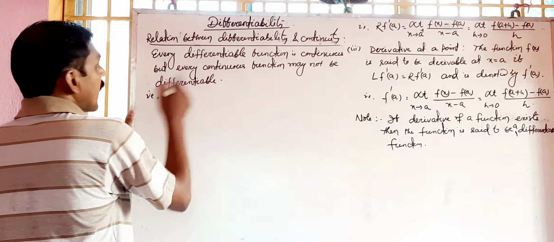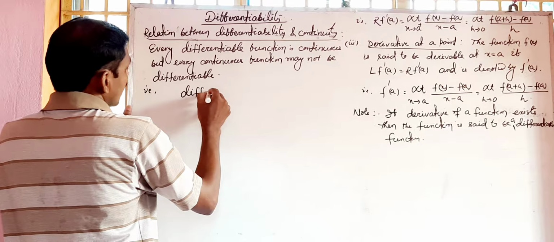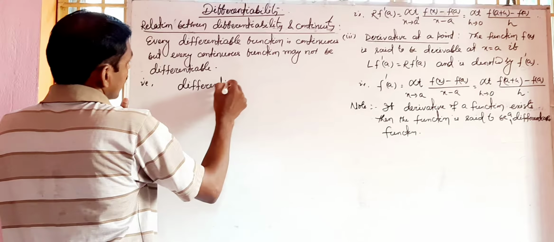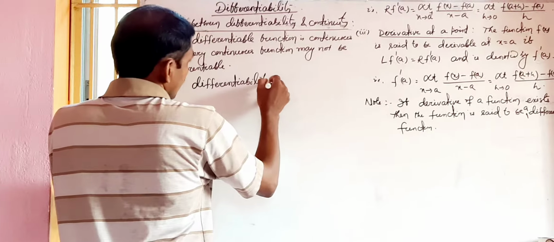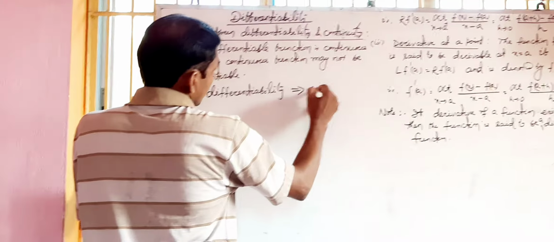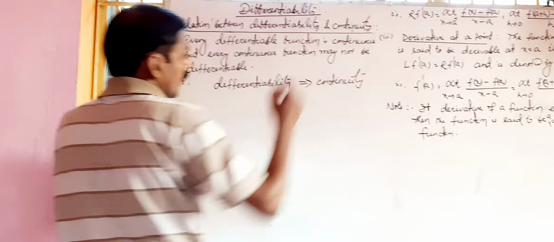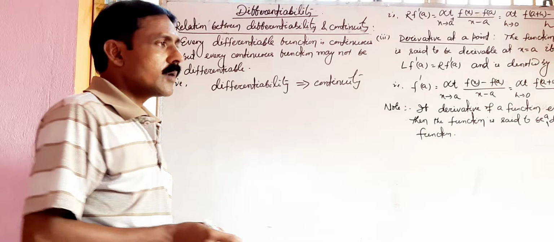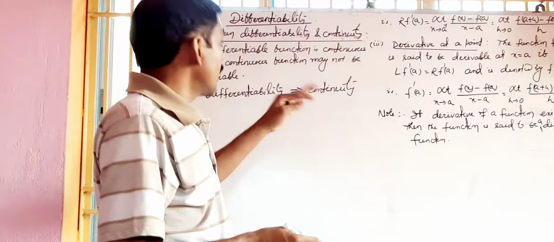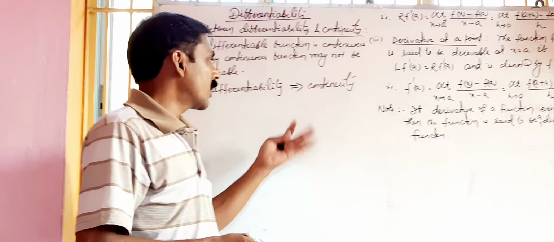If we write it in shortcut form, differentiability implies continuity. It means if a function is differentiable, then automatically it will be continuous. But if a function is continuous, then it may be differentiable, or it may not be differentiable.